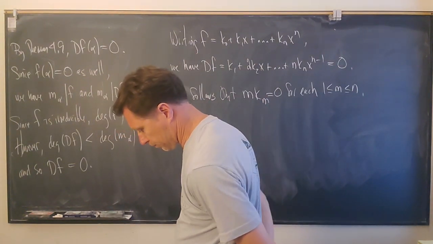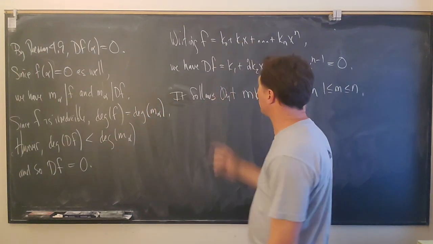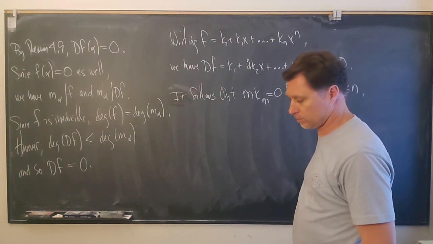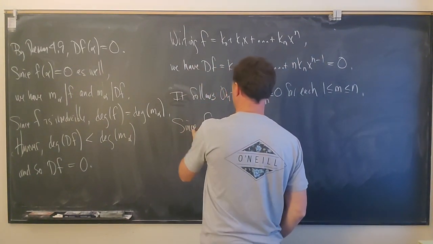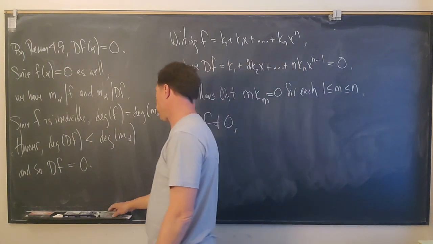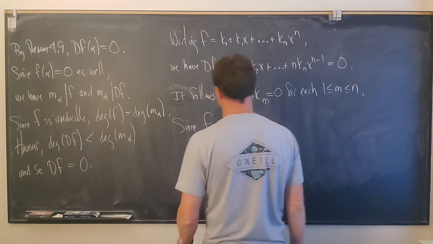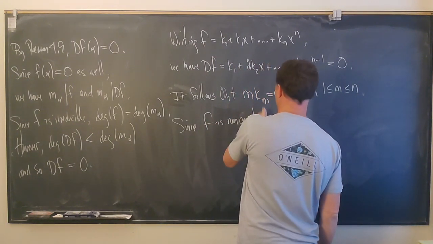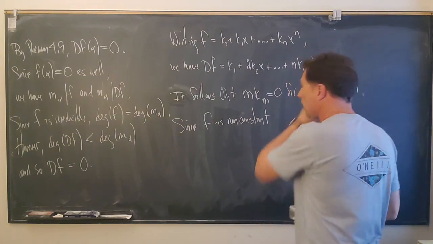Well, so what does that tell us? Well, we know that f is a non-constant polynomial, so at least one of the coefficients in f had to be non-zero. So since f is non-constant, at least one of these coefficients that's not the constant coefficient has to be non-zero.